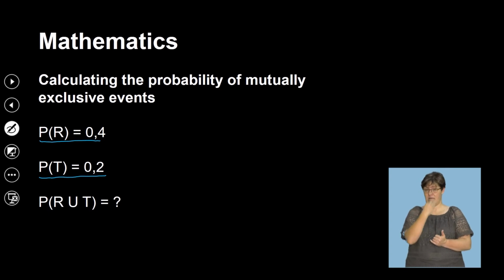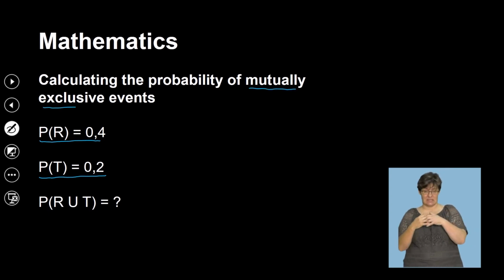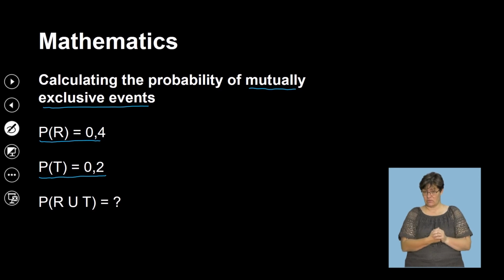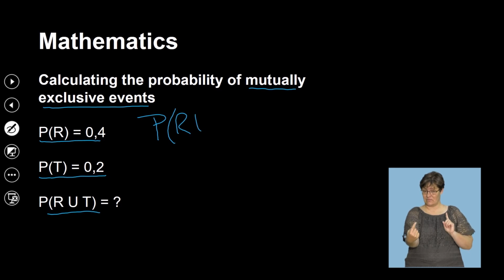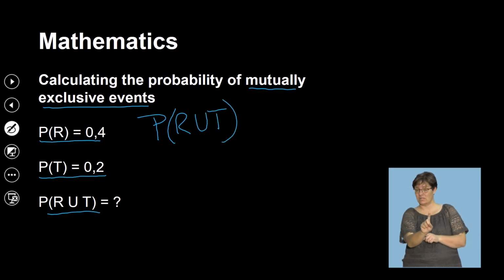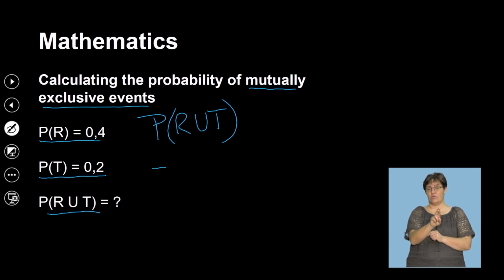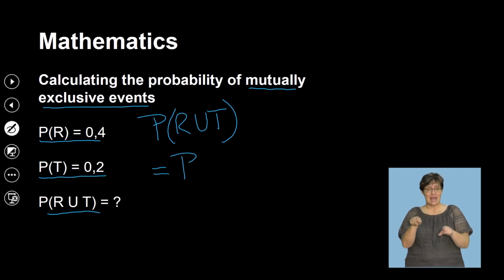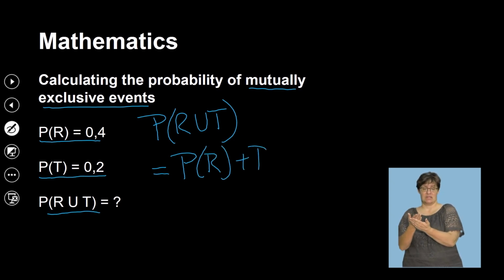And they ask us, in terms of these two sets that are written as mutually exclusive events, they're representing events, they're sets, Venn diagrams, what is the probability of those two together? If it's mutually exclusive, remember, we said when it's mutually exclusive, we're going to recognize it's the probability of R union T, and we're going to say then that's equal to the probability of R plus the probability of T.